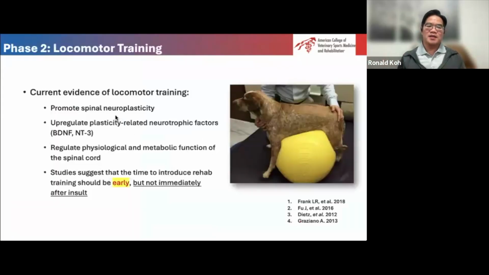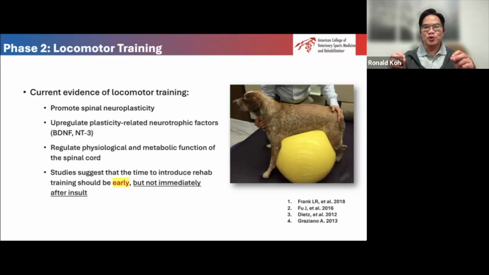So what is the evidence of locomotor training in spinal cord injury? Well, for one thing, it's very, very important. It has been proven across human literature and also lab animal studies.